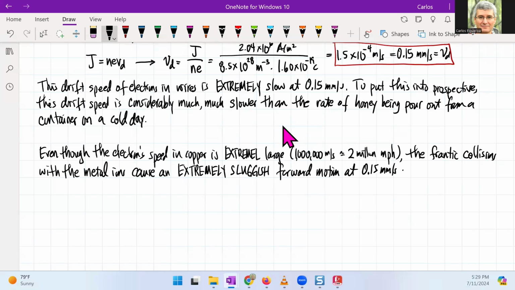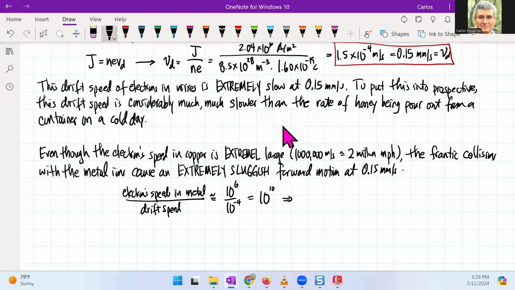So if you were to just look at the ratio here, this is electron speeds in metal to the actual drift speed. And what we find here is that this is going to be of the order of 1,000,000, and this is going to be of the order of 10 to the negative 4, which means that's on the order of 10 to the 10.